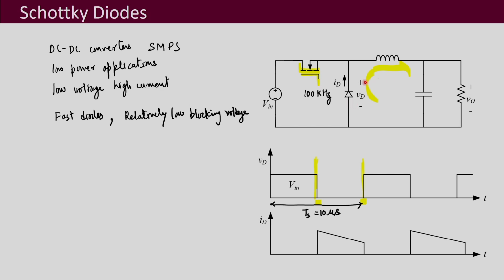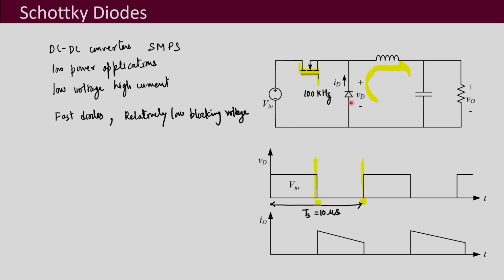And one more thing is that when the diode is on, there is a small voltage drop across it while it is conducting. Over here, the ideal waveform that we have shown is 0, but practically it will not be 0; there will be a small forward voltage drop across the diode.